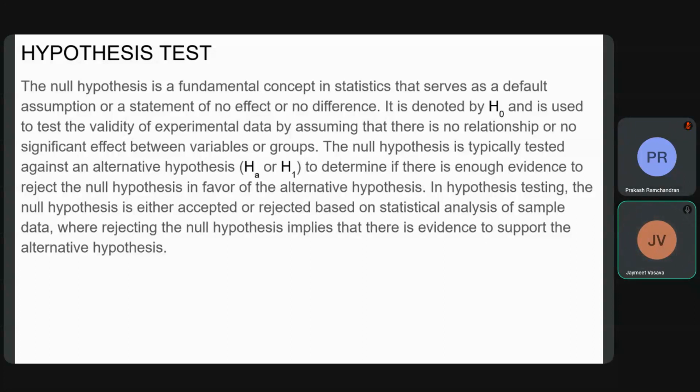That belief is based on our past experience or past data. Our current belief will be called the null hypothesis, and anything that changes or opposes that null hypothesis will be called the alternative hypothesis. The null hypothesis is denoted by H0 and the alternative hypothesis by HA or H1.